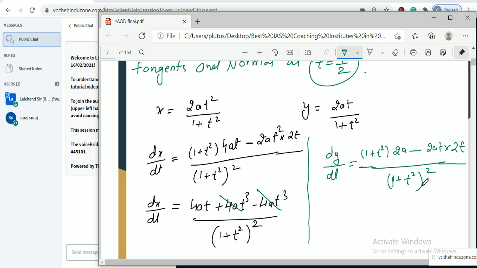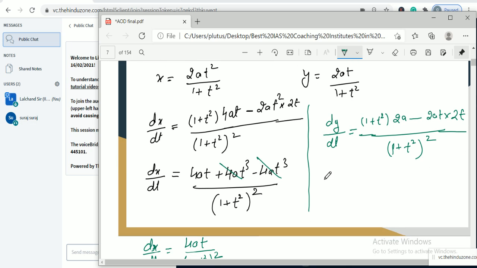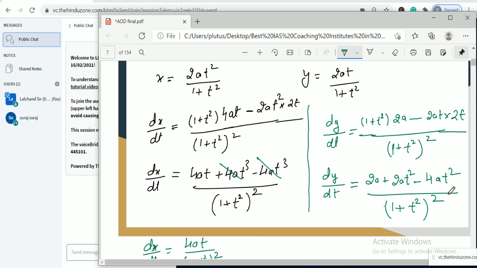So if we simplify this equation, then we have dy by dt equal to 2at square minus 4, that is 2 into 2, that will be 4at square, and upon we have 1 plus t square whole square. This is our final equation.